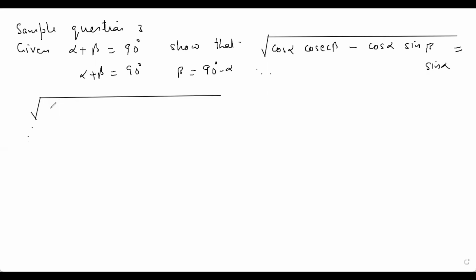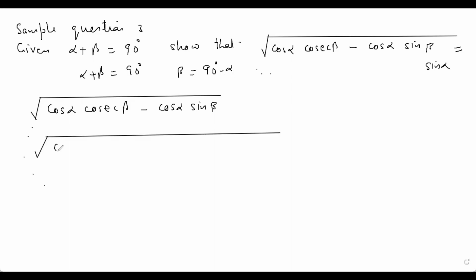Now the left hand side is cos α cosec β minus cos α sin β. So instead of β, I'm going to write 90 degrees minus α: cos α cosec(90° − α) minus cos α sin(90° − α).